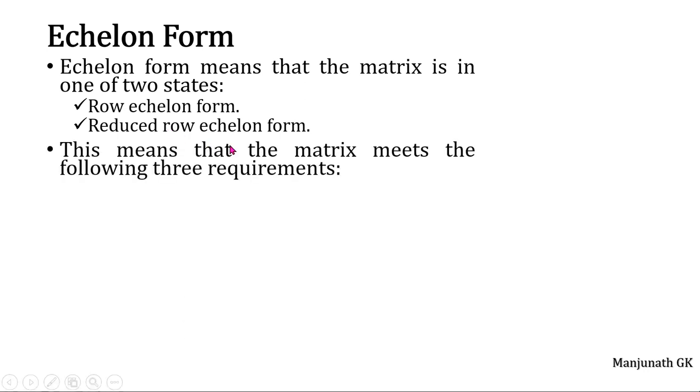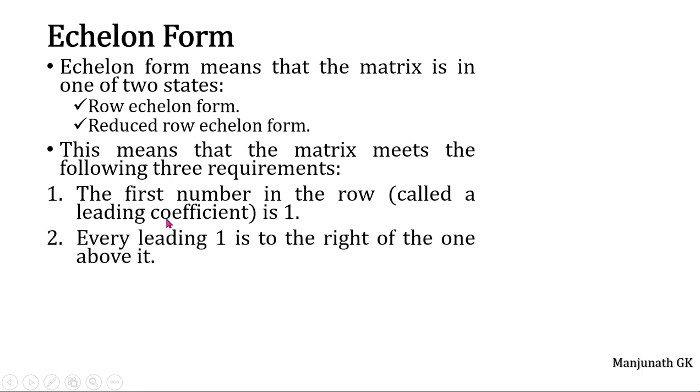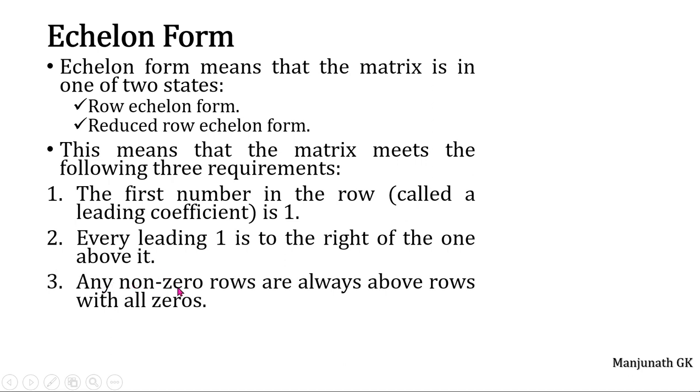To say that a given matrix is in echelon form, three conditions should be satisfied. The first number in the row is 1, called the leading coefficient. Every leading one is to the right of the leading one above it. The third condition is that any non-zero rows are always above the rows with all zeros.